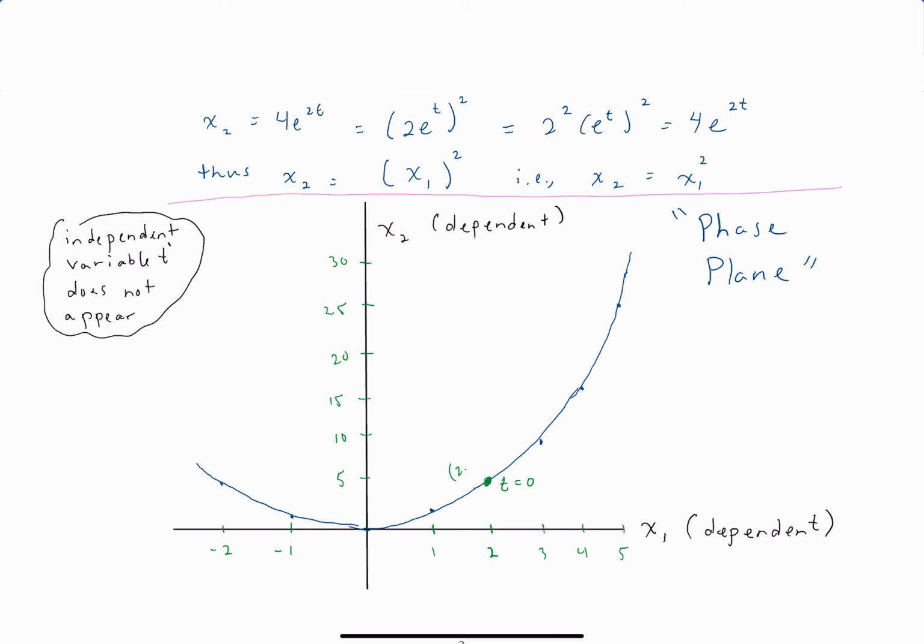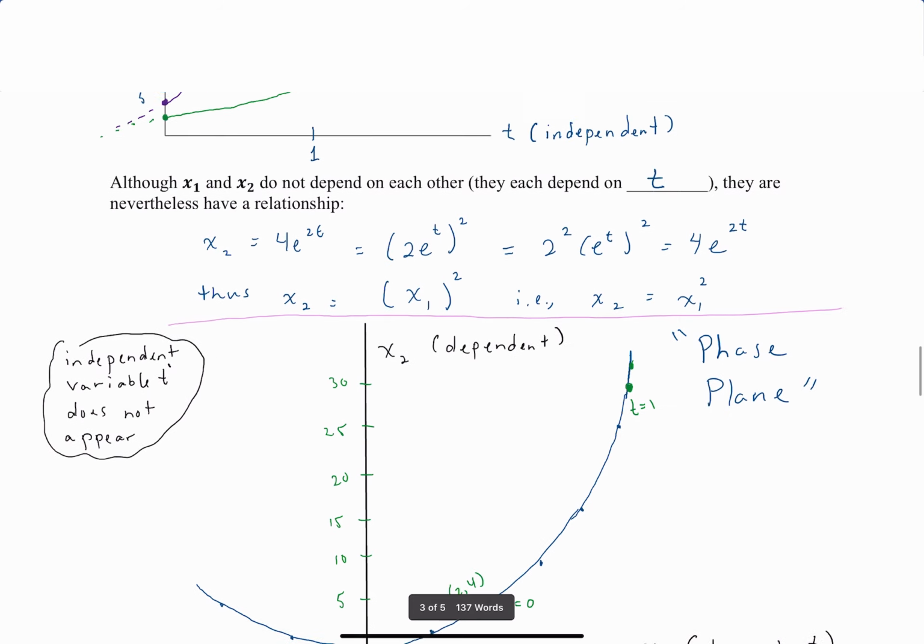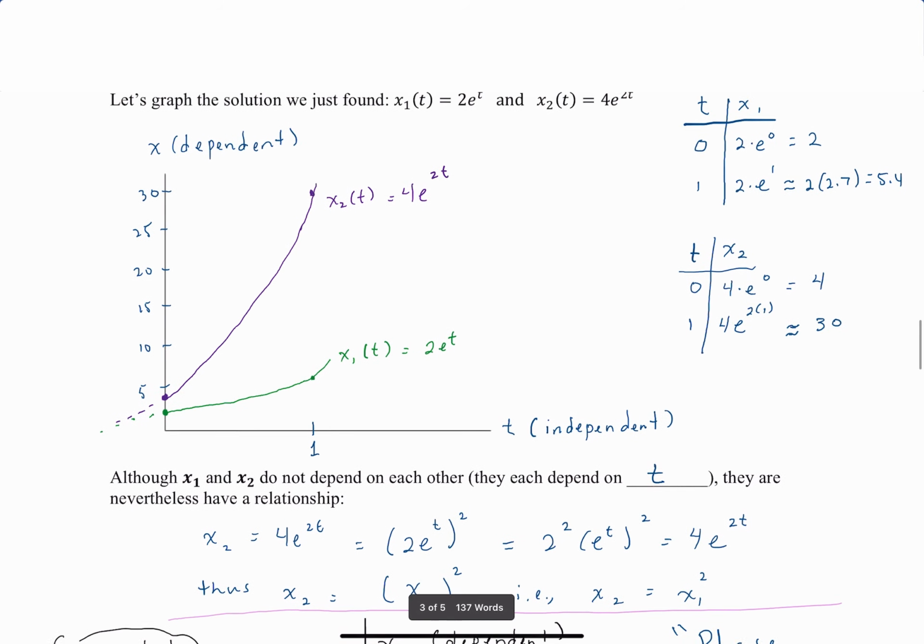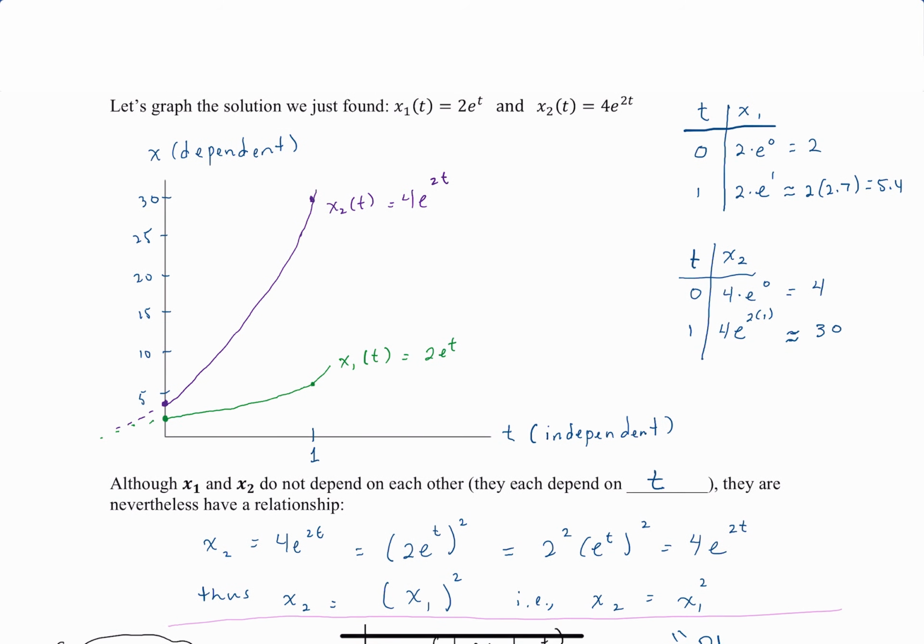And then when t was 1, we determined, maybe I should scroll up and just remind us of that, when t was 1, we determined that x2 was 30 and x1 was about 5.5.